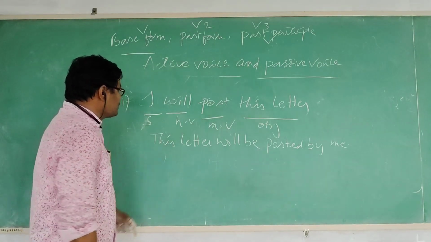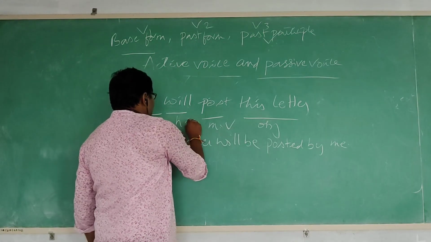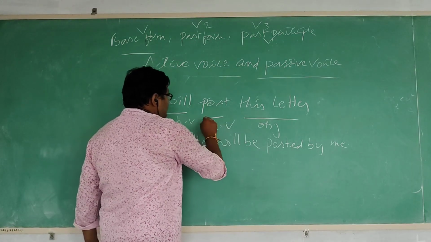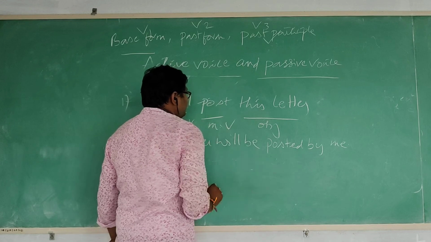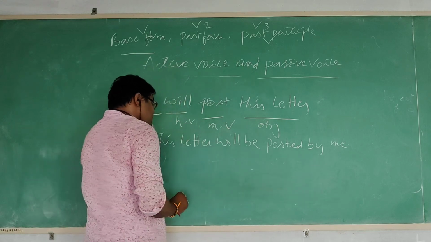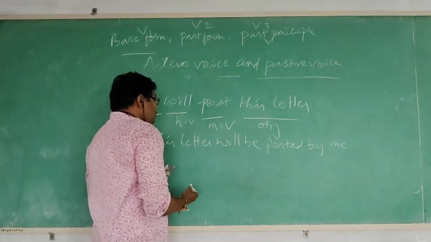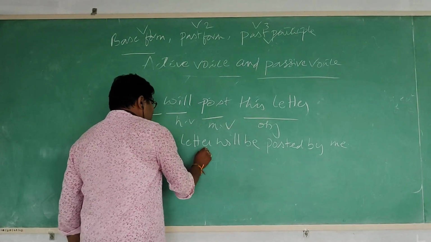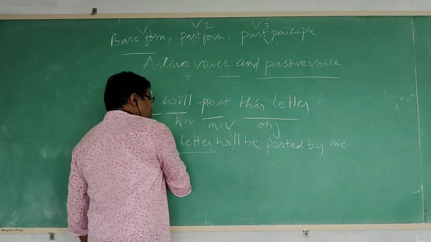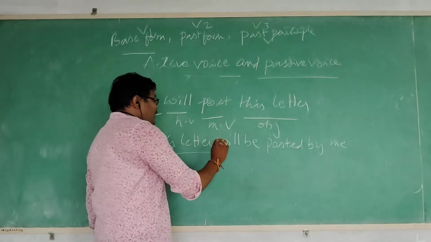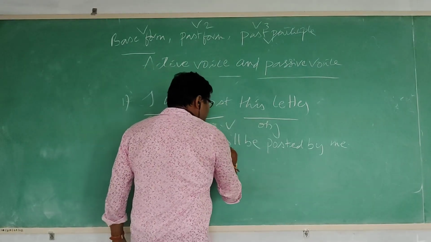Here you can see that I is the subject, will is the helping verb, post is the main verb, and this letter is an object. When we convert this sentence into passive voice, this letter became the subject of the passive voice, and here will became will be.